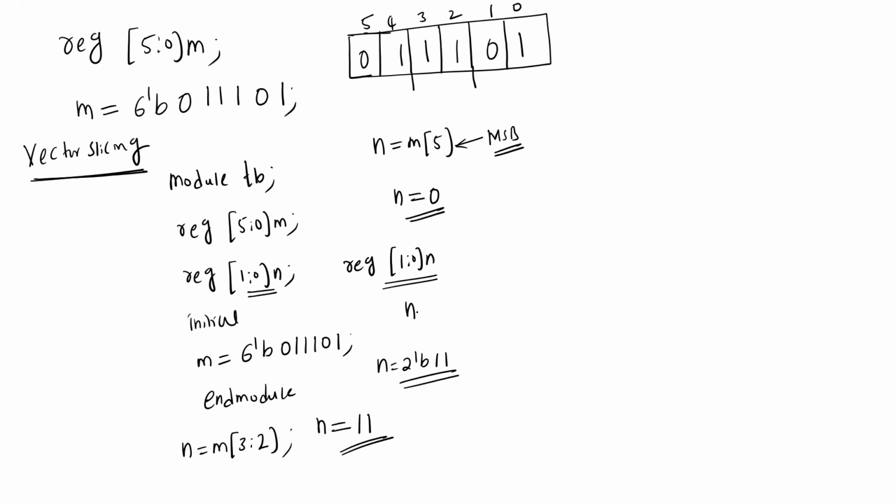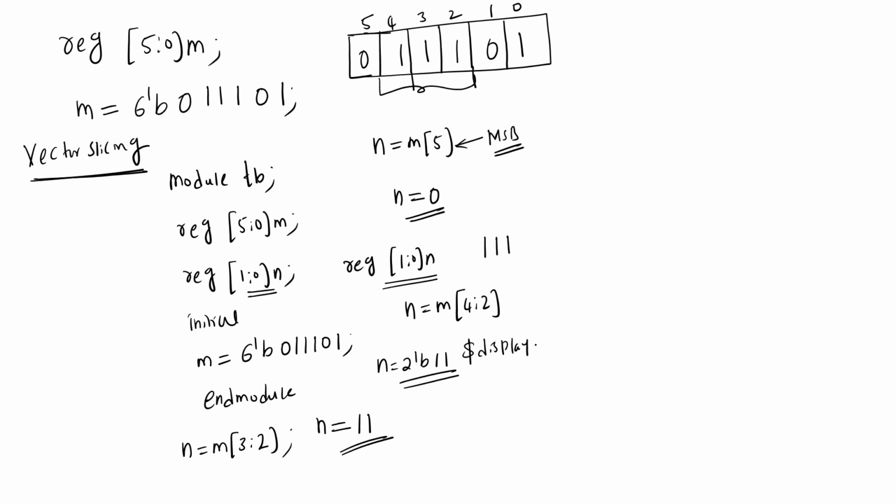I understood your doubt. Suppose n equal to, if I give 4 down to 2. So 4 down to 2 means actually you need to access how many bits? 3 bits. So that is 111. So when you want to print, that is $display the value of m.